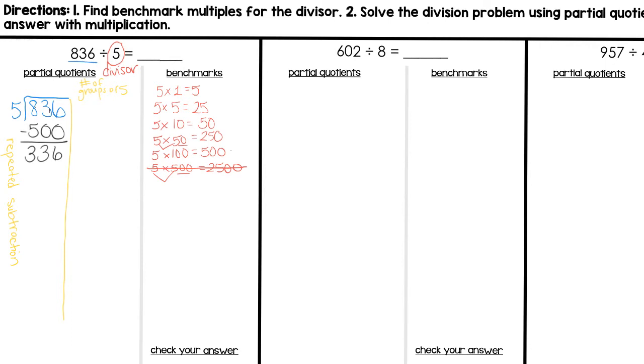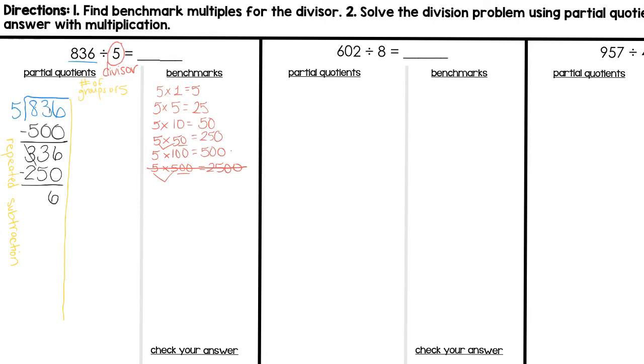Let's keep going. We can't use 500 again because that will be below 0. So what is the next largest number that I could take away? Well, 250 is the next largest number. So I'm going to take away 250. 6 minus 0 is 6. 3 minus 5, nope, can't do it.